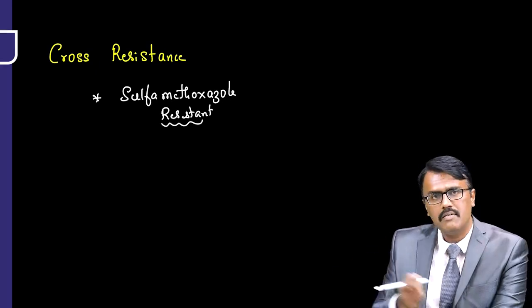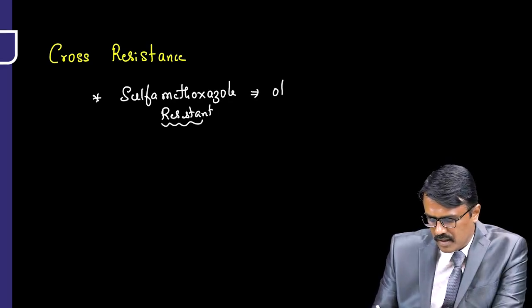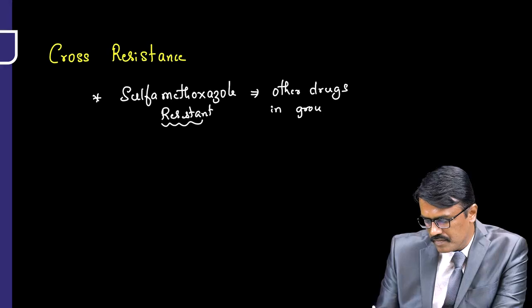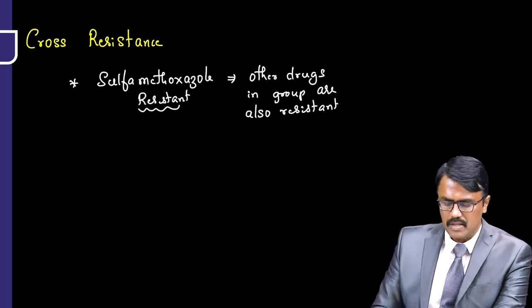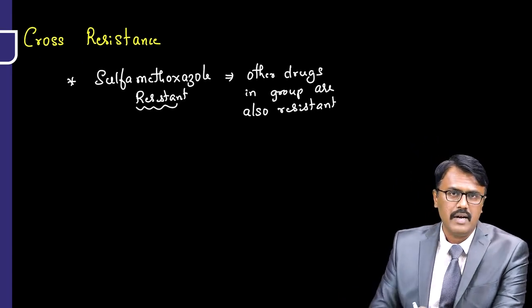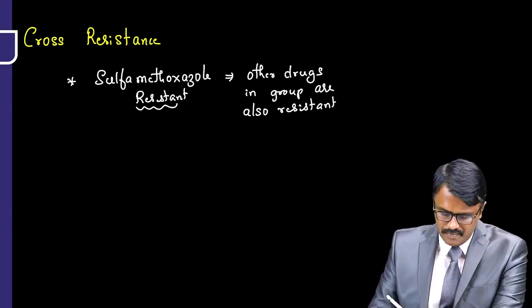Then can we give other sulfonamides? No. Other drugs in the group are also resistant. That is the meaning of cross resistance. If sulfamethoxazole is resistant, all others like sulfadiazine and silver sulfadiazine are also resistant.